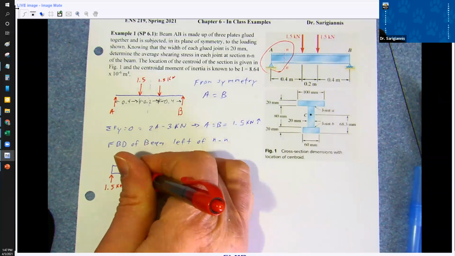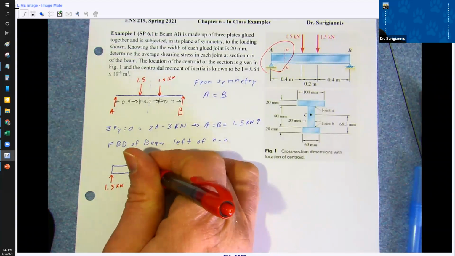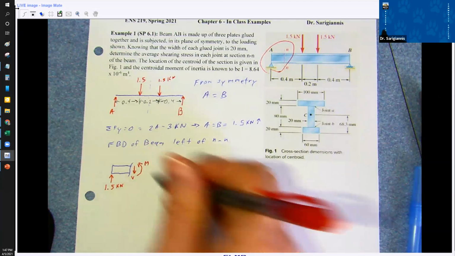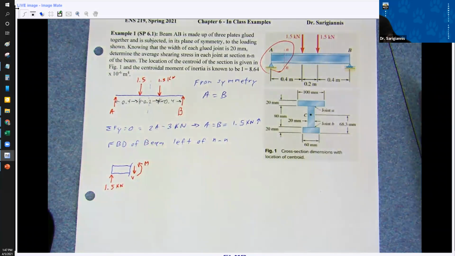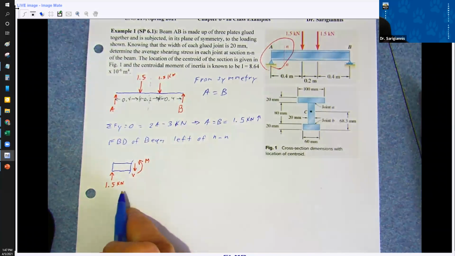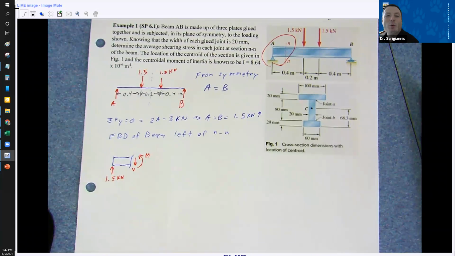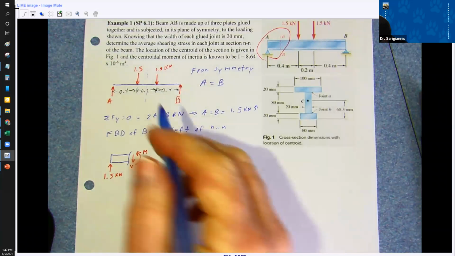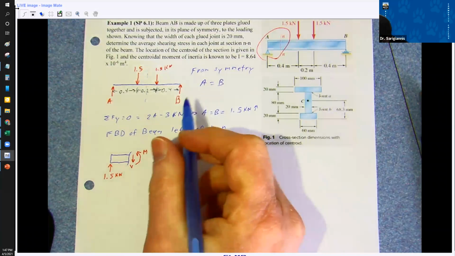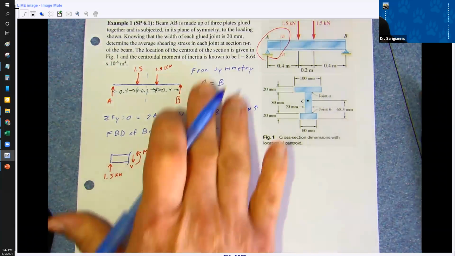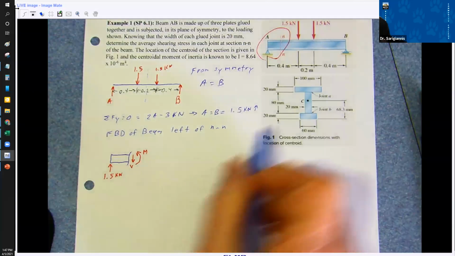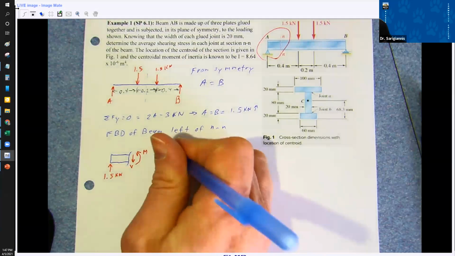1.5 kilonewtons. I've got V, and I've got M. So this is only that left section of the beam, right? We're going to figure out what the shear and bending moment are. In fact, really all we need is shear here, because that's what we use in our equations for the longitudinal shear.